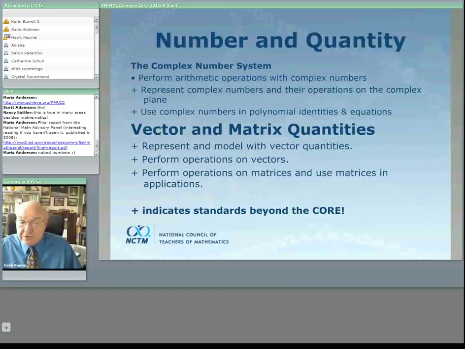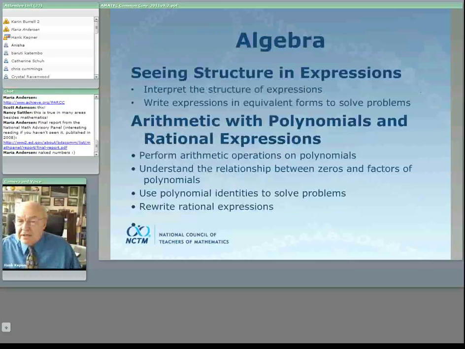So building functions, which then lead us to some of the algebraic work. Certainly looking at linear, quadratic, and exponential models as the most prevalent ones all students should experience.